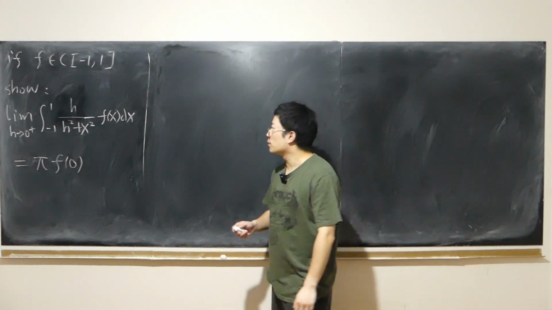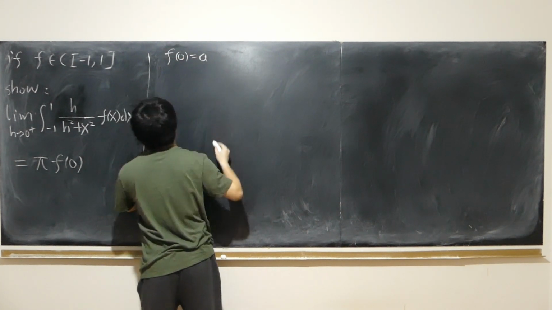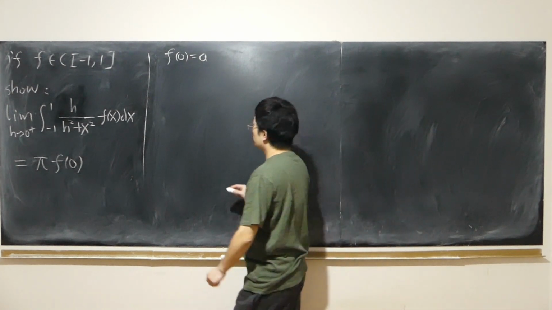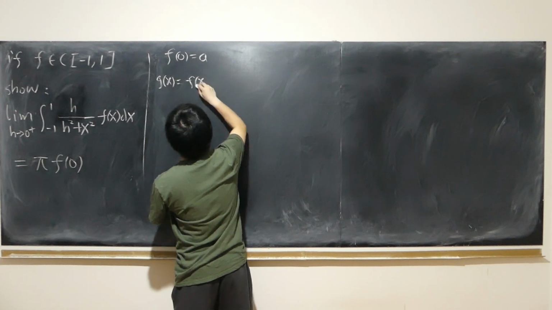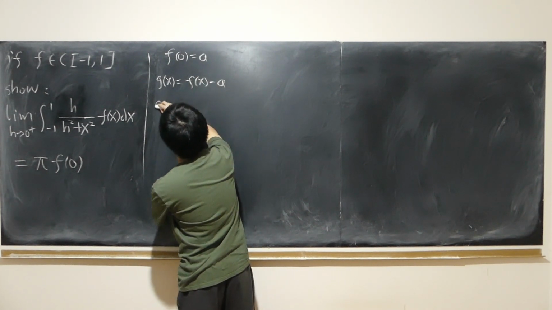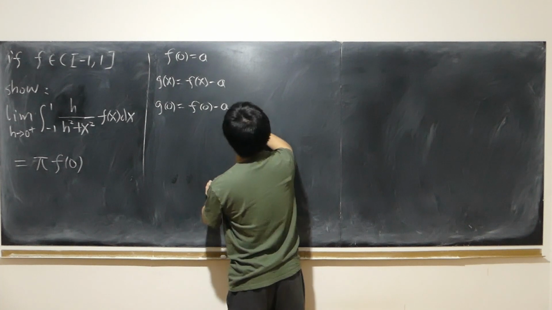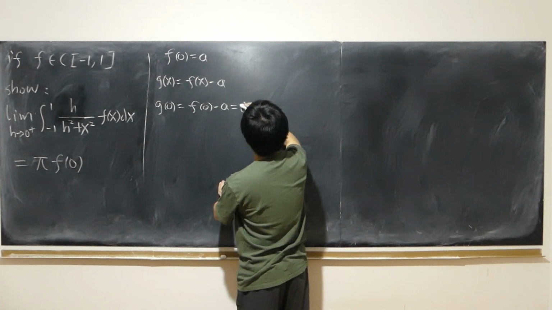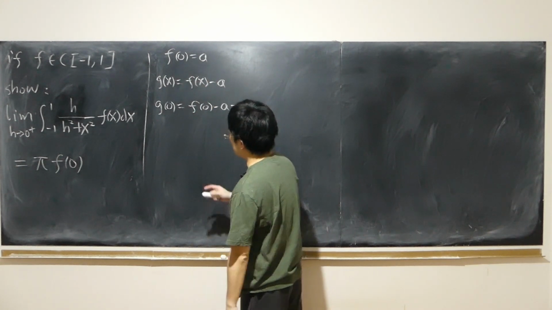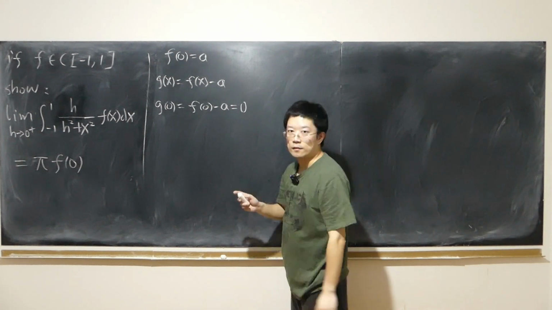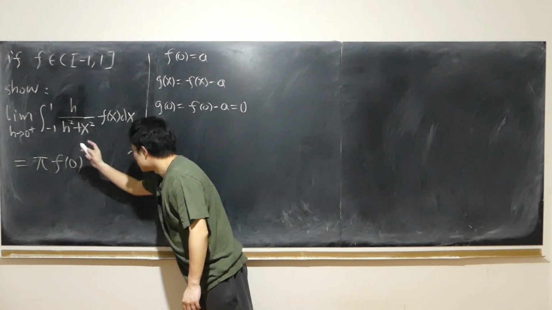So what if f of 0 is non-zero? If it's a, right, what's going to happen now? Then I can just construct a function g of x equals f of x minus a. So that way g of 0 is equal to f of 0 minus a, which is equal to 0. So for g, I can apply the previous conclusion. If f of 0 is 0, this is true.